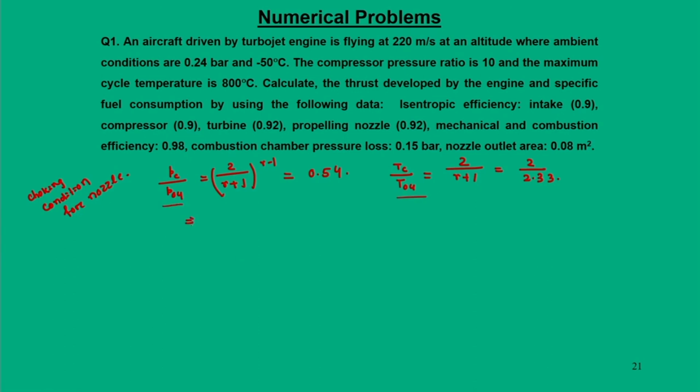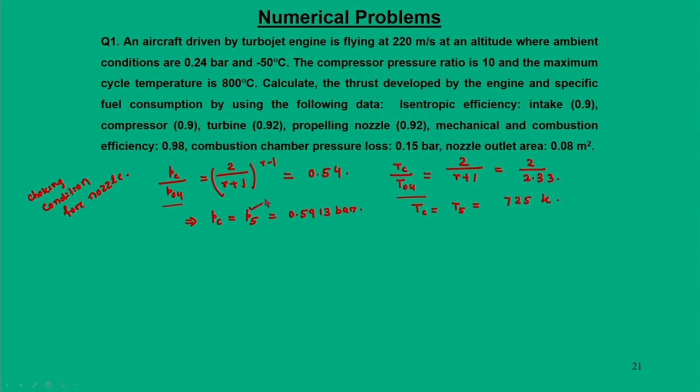So this will give you Pc, that is critical pressure, which is nothing but P5, the exhaust from the nozzle, 0.5913 bar, and Tc, which is nothing but T5, that happens to be 725 Kelvin.